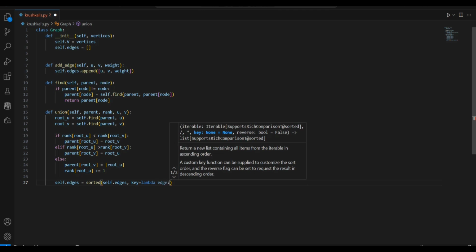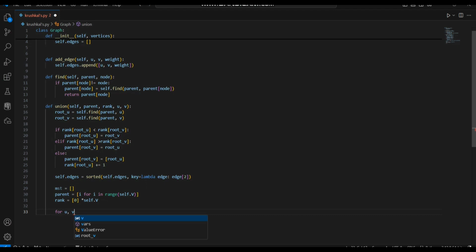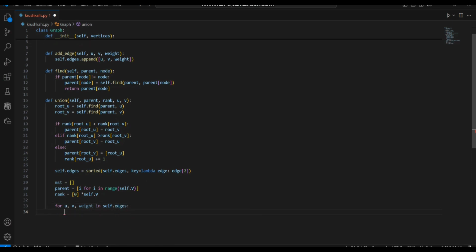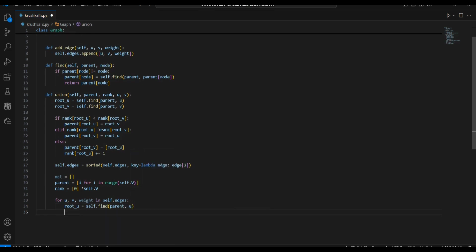Next, the parent is equals to i for i in range self.v. Rank is equals to 0 into self.v.